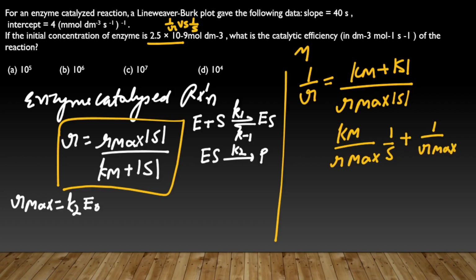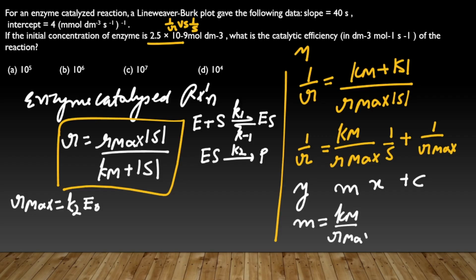So this is the expression that is equal to 1 by R. Relating it to the straight line equation, y equals mx plus c, for the plot of 1 by R versus 1 by S, the slope value we get is Km upon R max, and the intercept value we get is 1 by R max. Now the slope and intercept values are given to us.